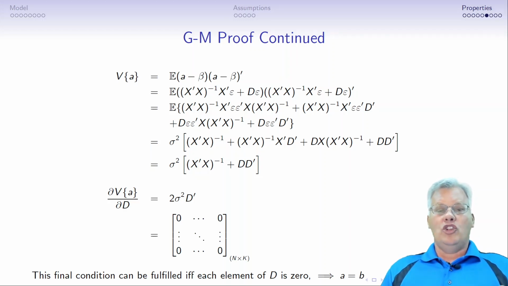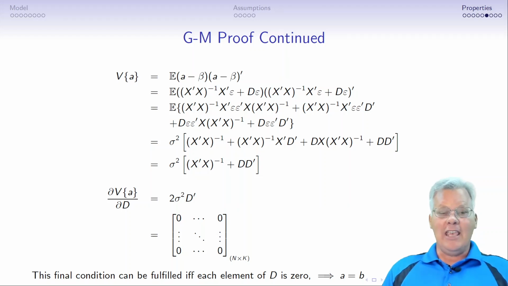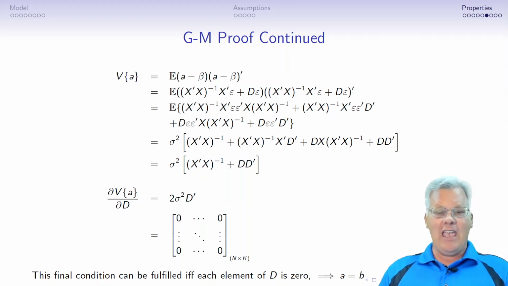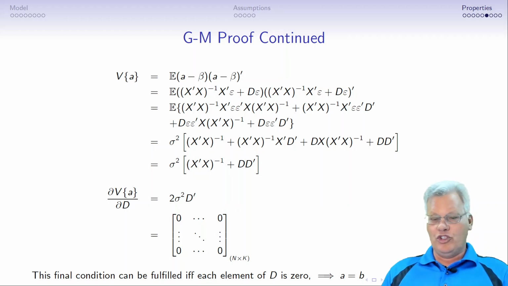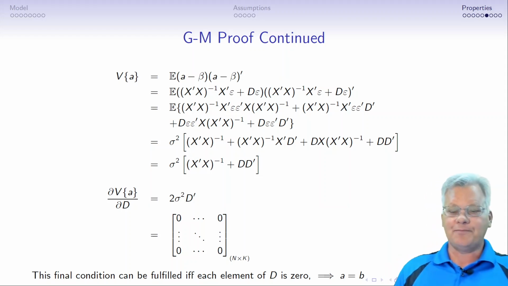Now, to choose D to minimize this variance of A subject to the condition of being unbiased, I take the matrix derivative of the variance of A with respect to D, and it is equal to 2 sigma squared times D transpose, which must be equal to an n by k matrix of zeros.